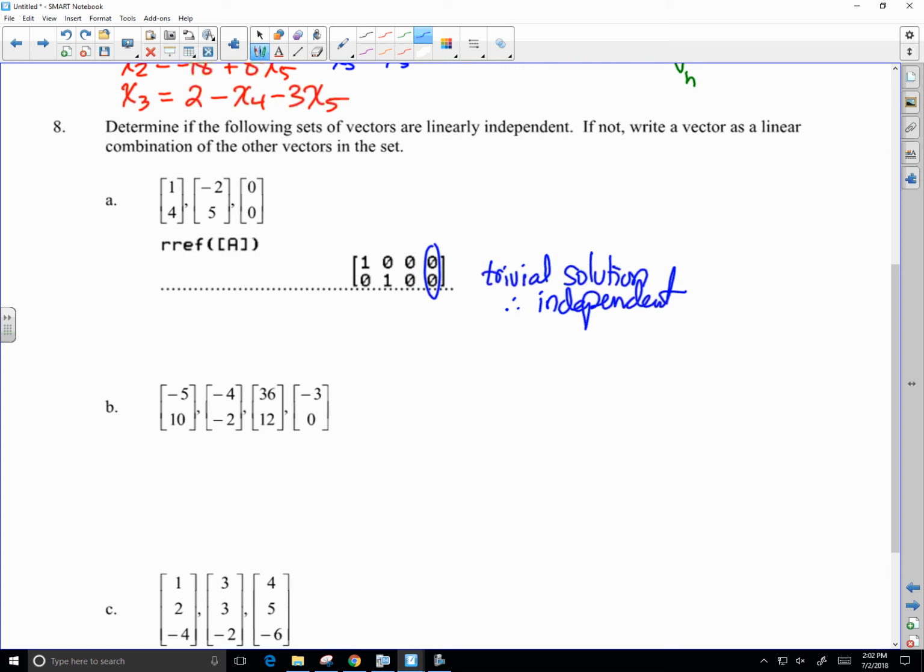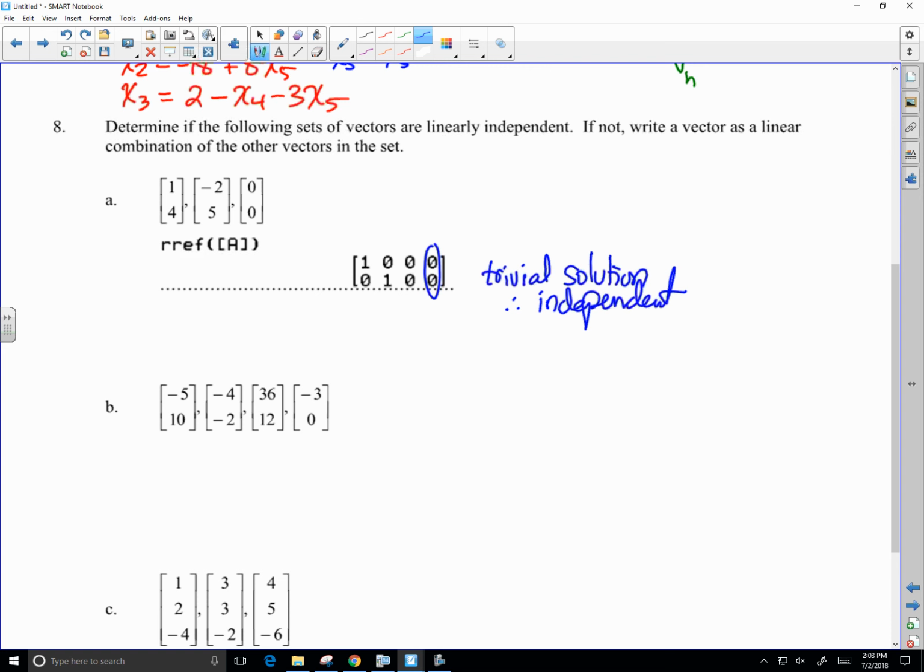You could write this as x1 equals 0, x2 equals 0. But the idea is that you don't have other constants within your reduced matrix that would cause there to be dependence. Independent is not as definable as dependent.